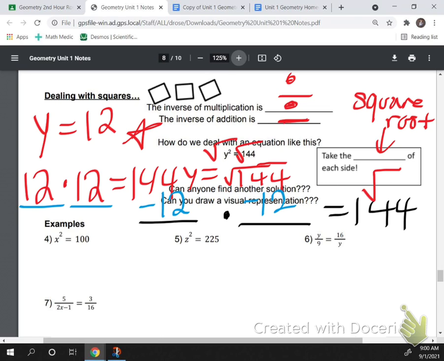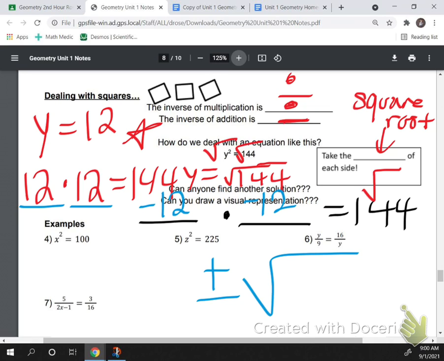So there is a second solution. It's negative 12. So when you square root, you're going to get a positive answer and a negative answer. Your calculator will only show you the positive one. Something to remember when you're taking your test next Thursday. Questions?